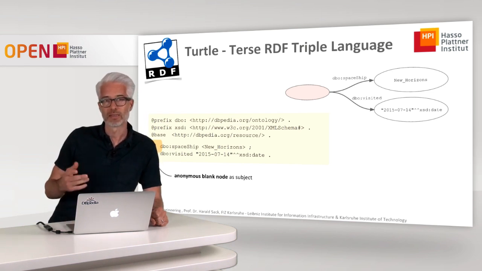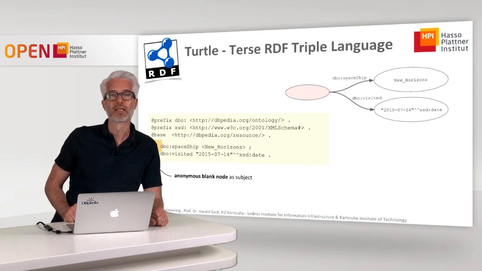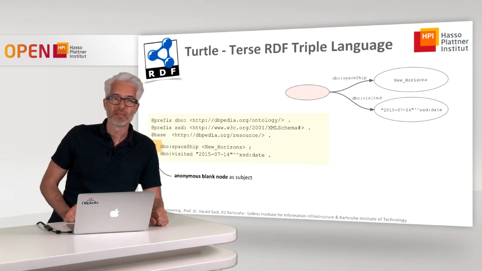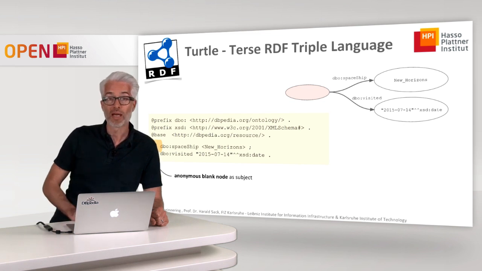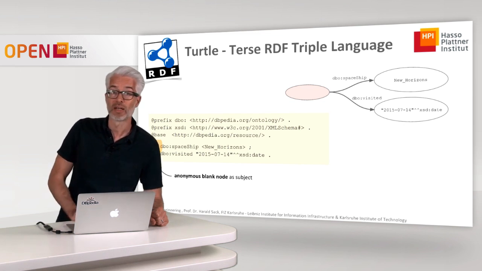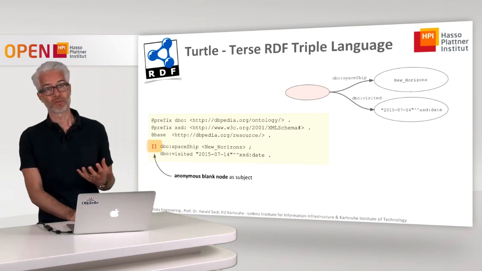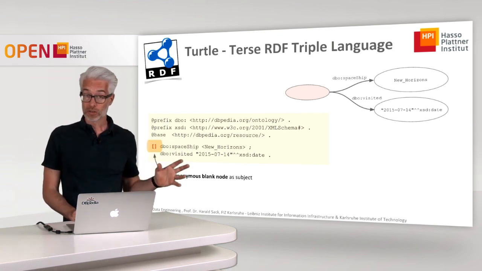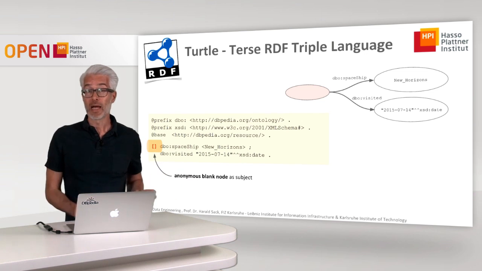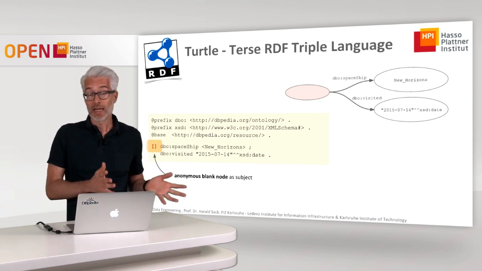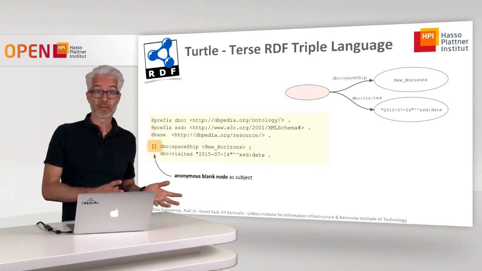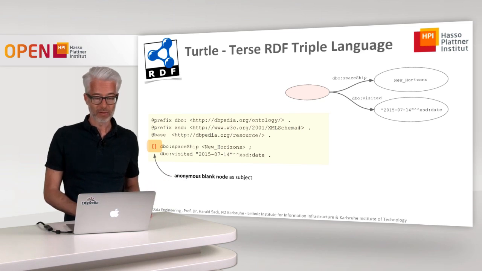And then, of course, as the object, you have the New Horizons and you have the date in 2015. So this would be the way how you can, for example, define a so-called anonymous blank node. The blank node is anonymous because it does not have any ID and it cannot be referenced from outside. So this is a blank node.